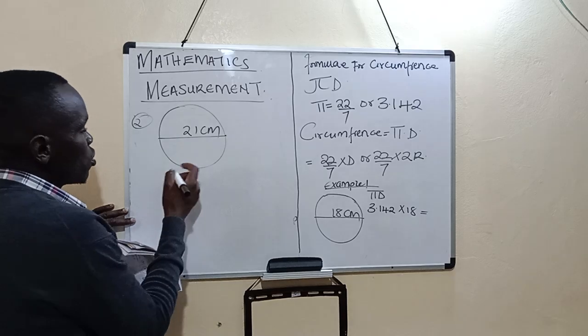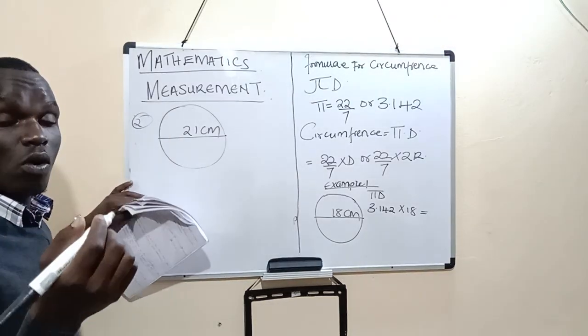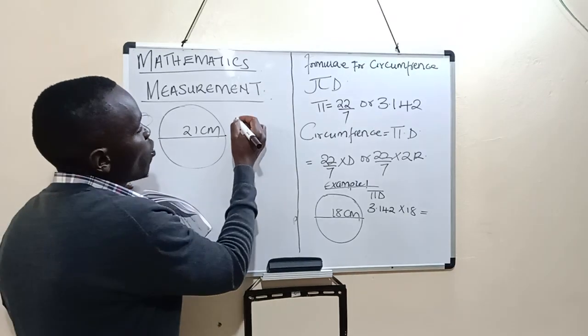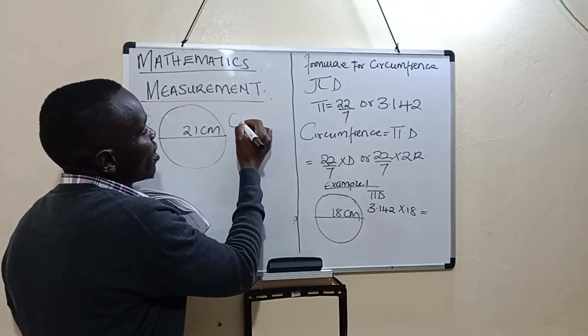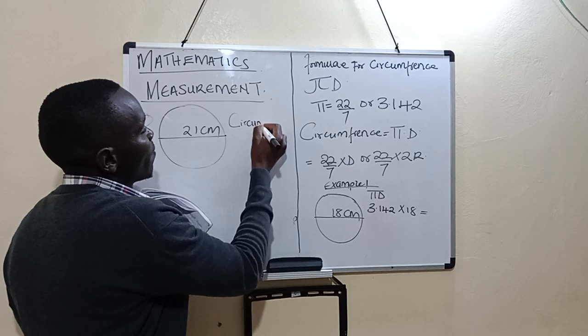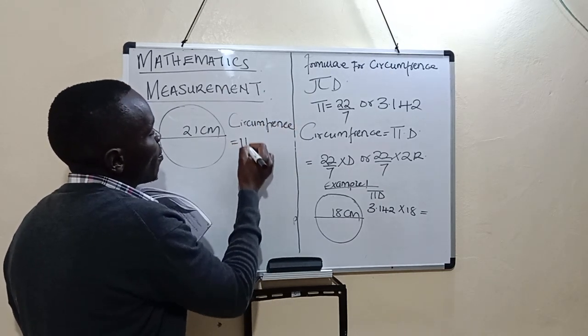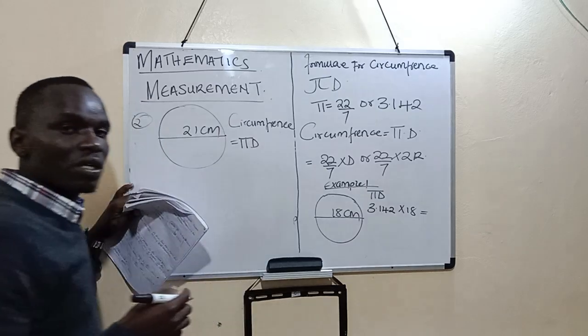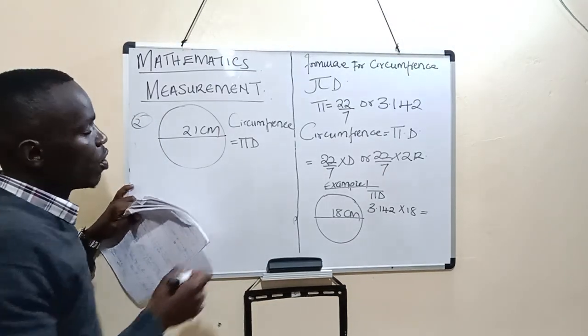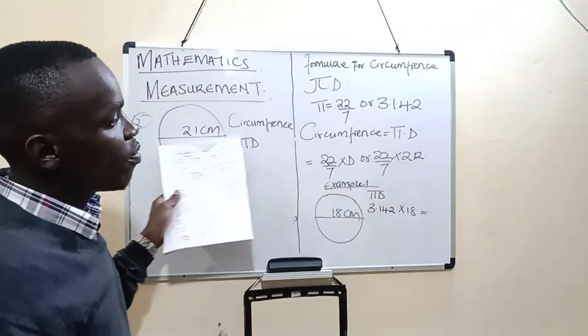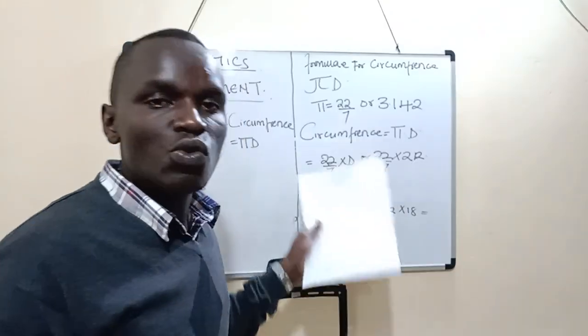In this case, we are going to use pi as 22 over 7 because this is a multiple of 7. So the circumference is going to be given by pi d.